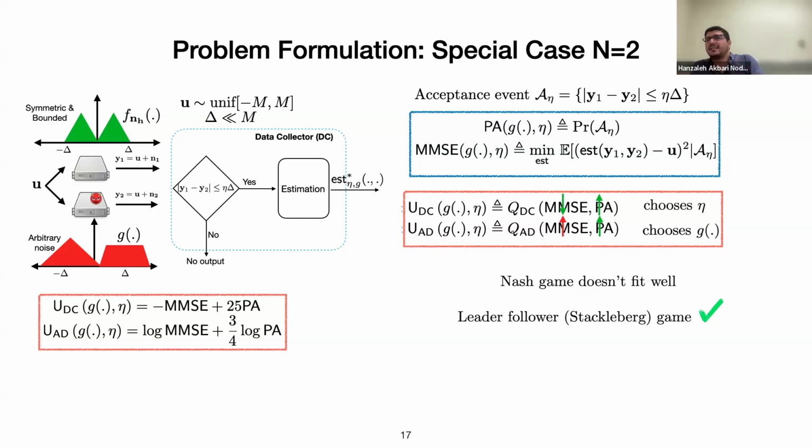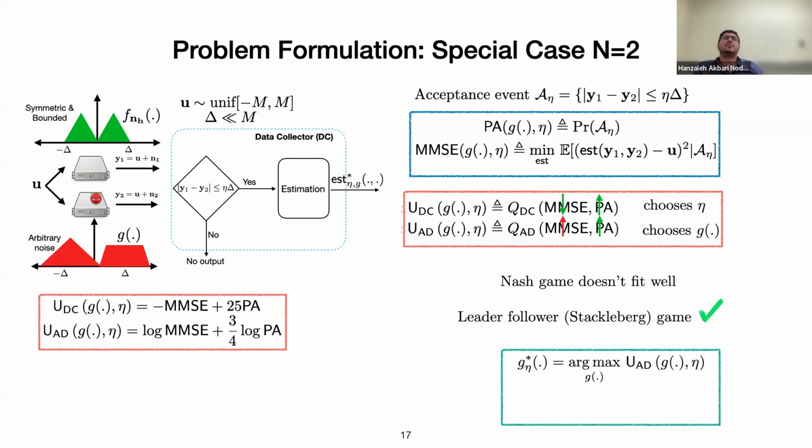So here in this problem, we are utilizing Stackelberg games. And what I mean here is that the data collector commits to some value of eta, and then the adversary, in response to the committed value of eta, chooses a noise distribution that maximizes its utility with respect to eta, which I'm denoting by G star of eta.